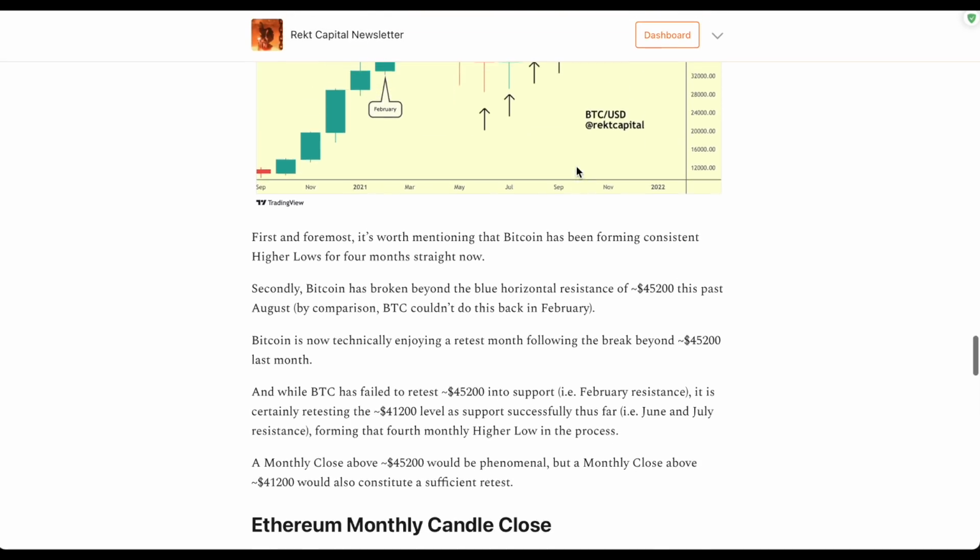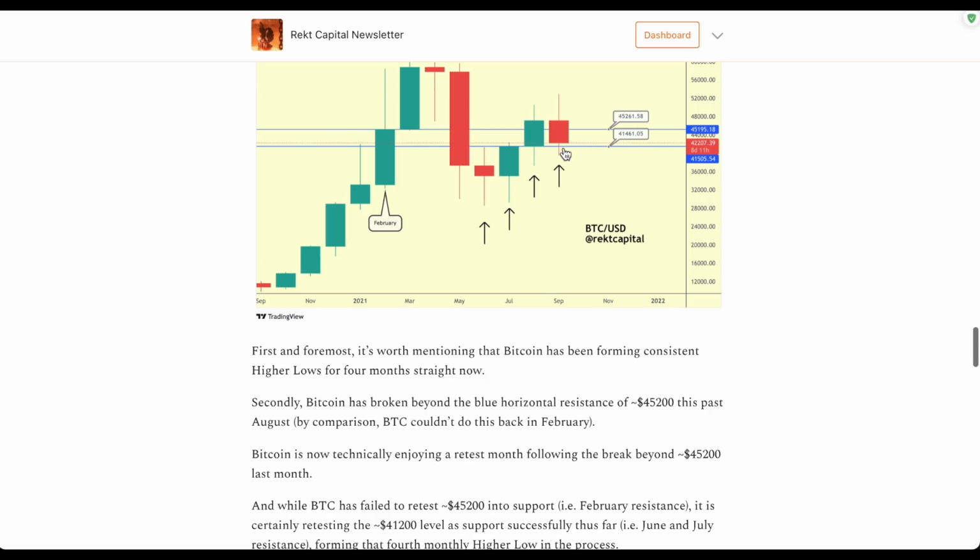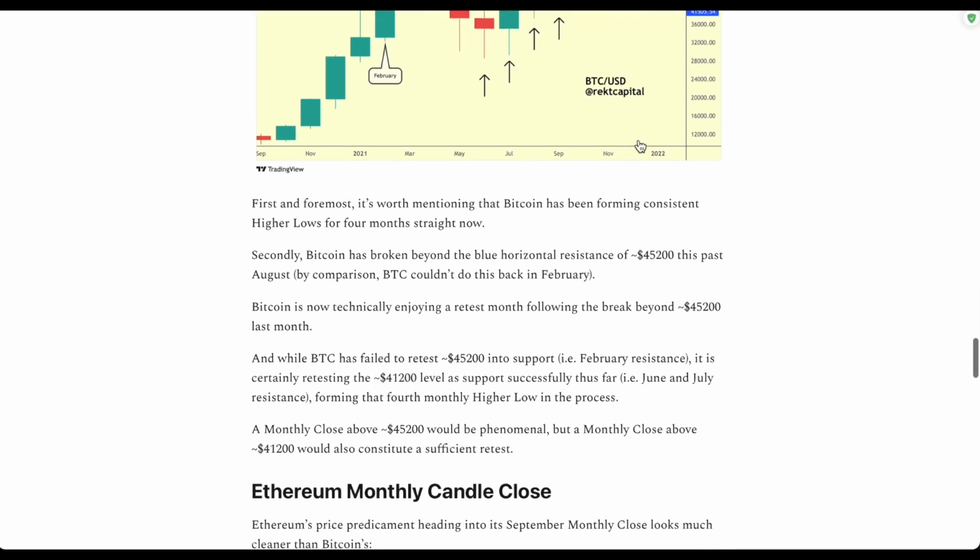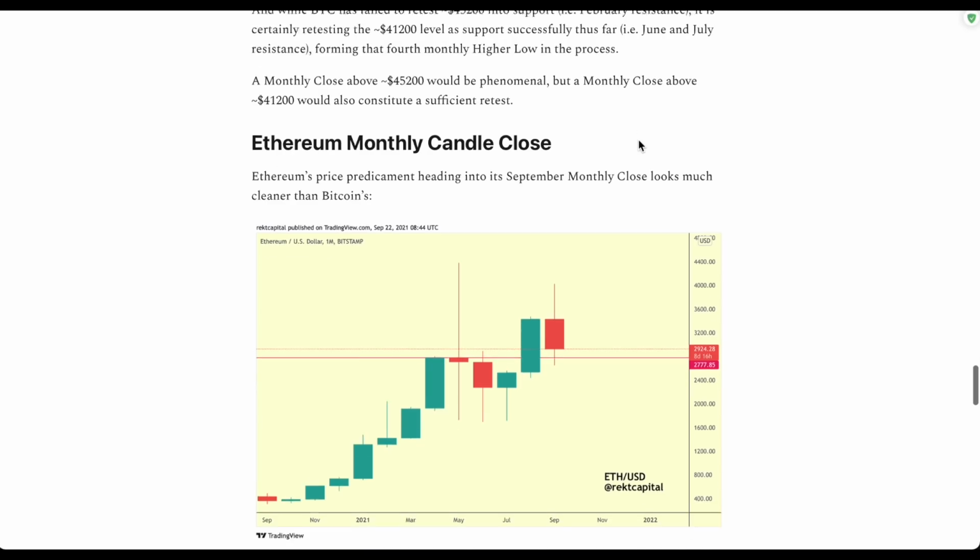So we need to have a monthly close above 41,400 for this macro retest attempt to be successful. Of course, it would be phenomenal to actually monthly close above 45,200. That would be a really bullish sign. But ultimately, above 42,000 and above 41,400, that would be sufficient for a successful retest on the monthly scale.